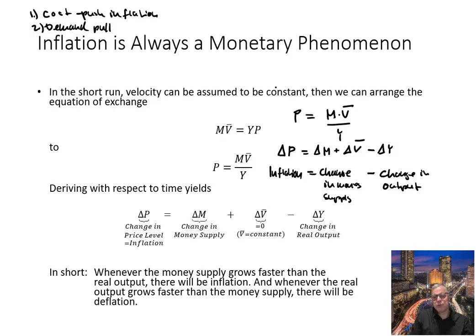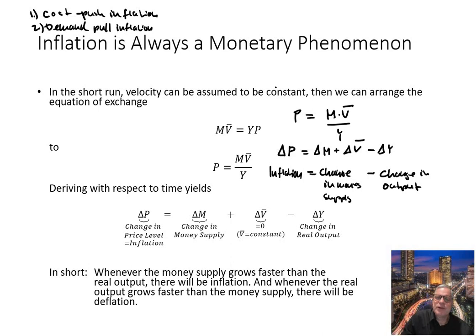Inflation is always a monetary phenomenon. Yeah, it actually makes sense, demand pull, because demand-pull inflation basically means that the government pulls demand with printed money. So yeah, the money supply grows faster. But in cost-push inflation, we don't really have a change in the money supply that caused inflation.